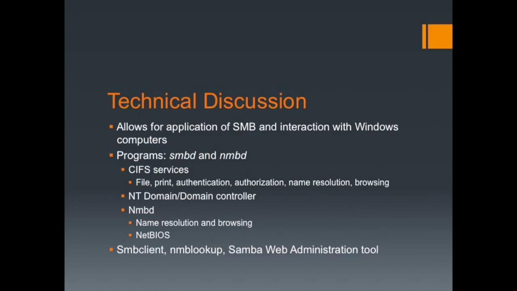The other program is the NMBD, which is actually in charge of the name resolution and browsing services of the CIFS. The two services work together to manage the list of NetBIOS names. The name resolution is in charge of finding the services which a user or client is looking for, and is able to either broadcast or use the point-to-point method.